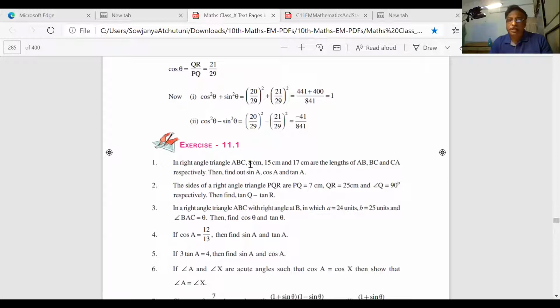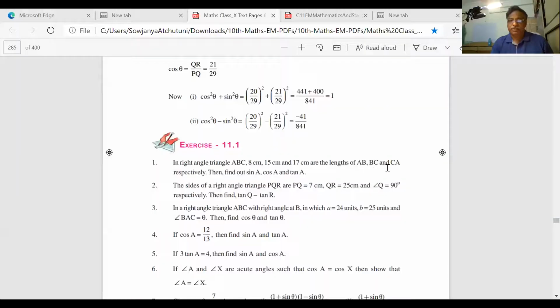AB is 8, BC is 15, CA is 17. That means B is the right angle, CA is the maximum length.